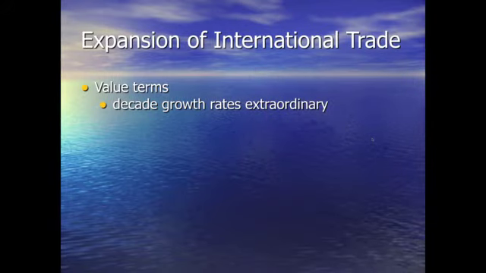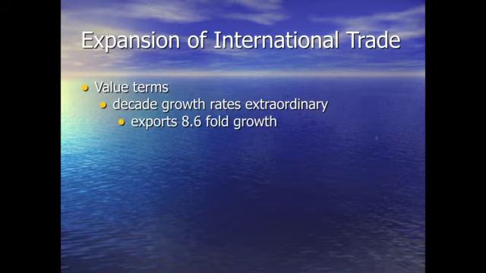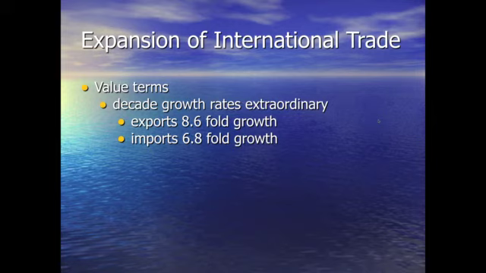Also, even though the composition is changing, the dollar value grows quite large during this time period. For example, the dollar value of exports grew by about 900% during that time period, and imports grew by about 700%.